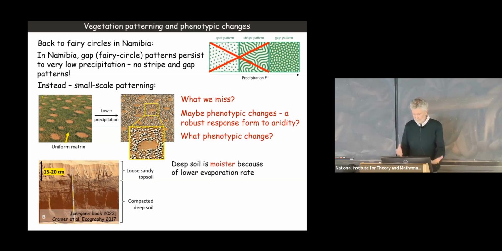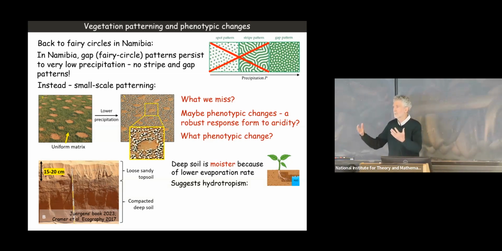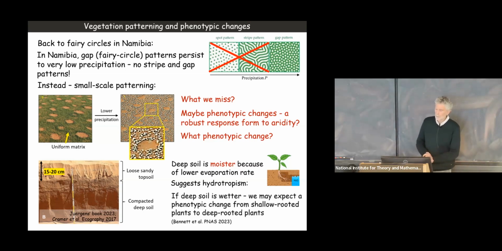And the deep soil is moister because there's a lower evaporation rate in that layer compared to the topsoil. So this suggests hydrotropism as the phenotypic change. Hydrotropism is the ability of plants to grow roots toward the moister soil volumes, very much like phototropism, the ability of plants to grow towards light. And so if the deep soil is wetter than the topsoil, we may expect a phenotypic change from shallow-rooted plants to deep-rooted plants.